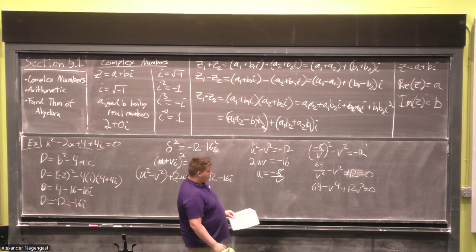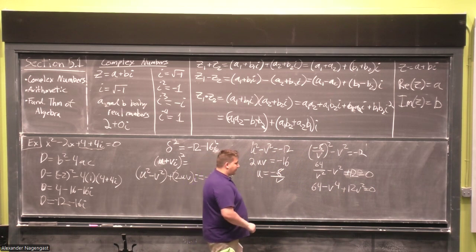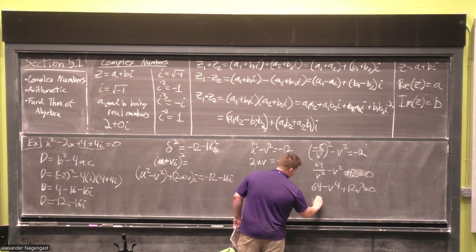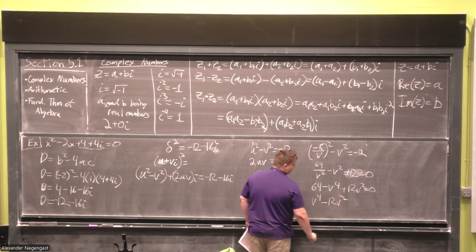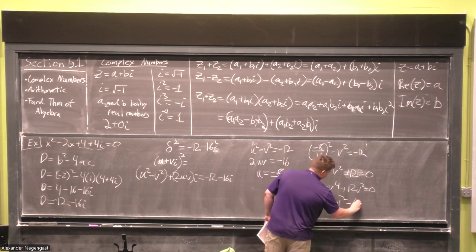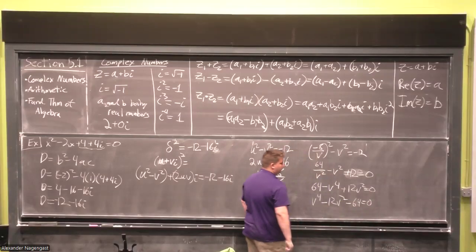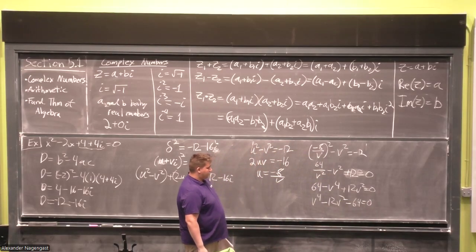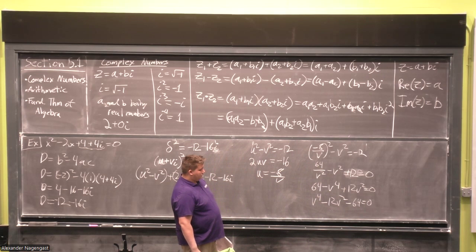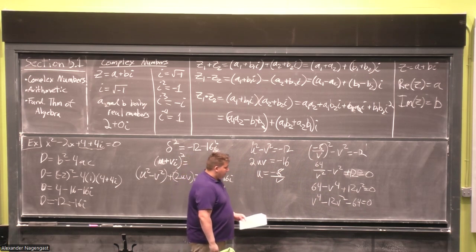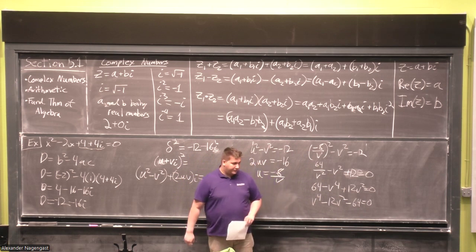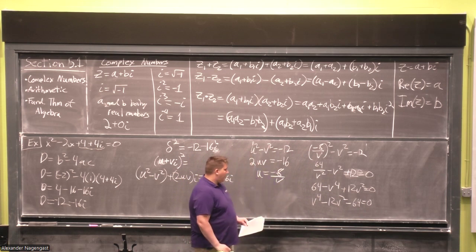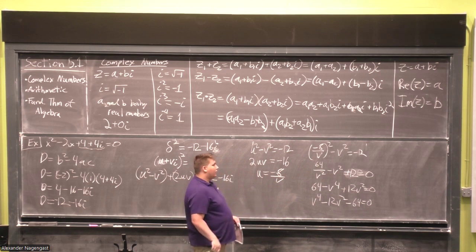And now we want to try and factor this. Well, let's times by negative 1. So we're going to get v to the fourth minus 12v squared minus 64 is equal to 0. So 64 is the same as 8 times 8, but it's also 16 times 4.